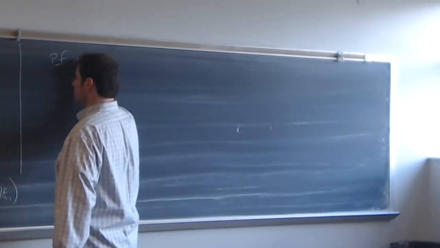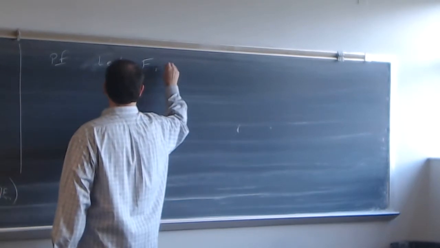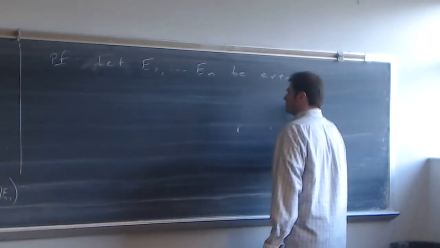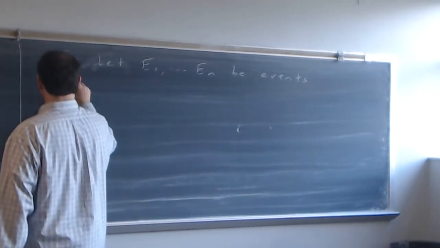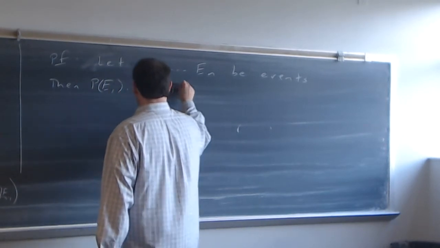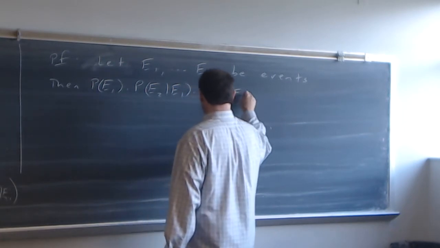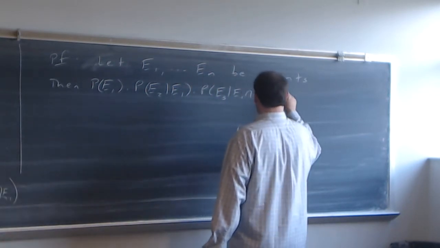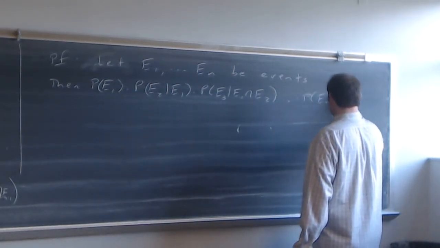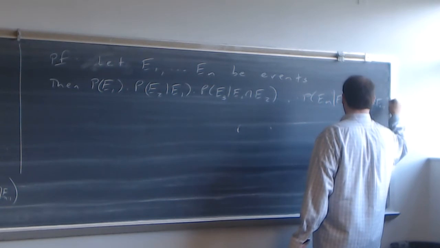So, as a proof, let E1 all the way up to En be events. Then the probability of E1 times the probability of E2 given E1 times the probability of E3 given E1 intersect E2, times all the way up to the probability of En given E1 intersect E2 intersect all the way up to the intersection of En minus 1.